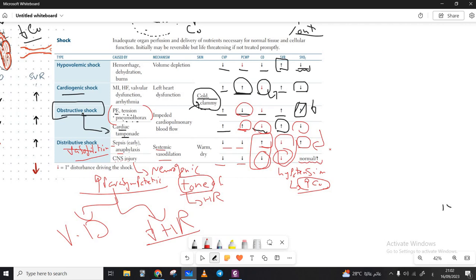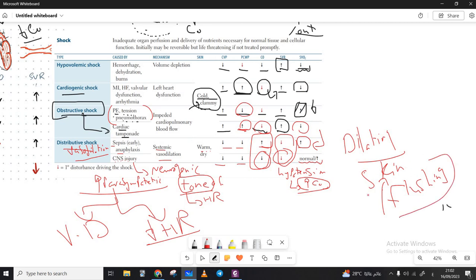One last thing, by the way, I forgot to mention, which is when you have less systemic vascular resistance, since you are dilating the vessels, as an example, if you dilate the skin vessels, this will get in more blood and will cause flushing and maybe warm skin.